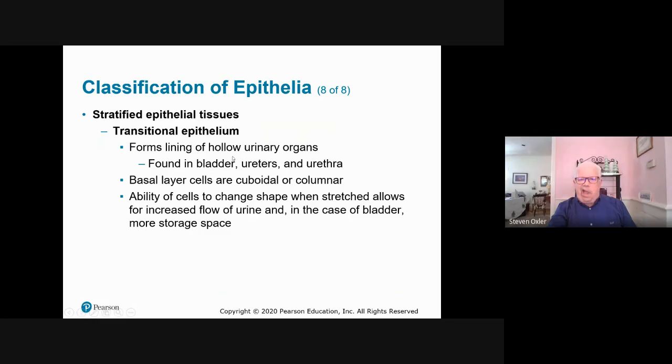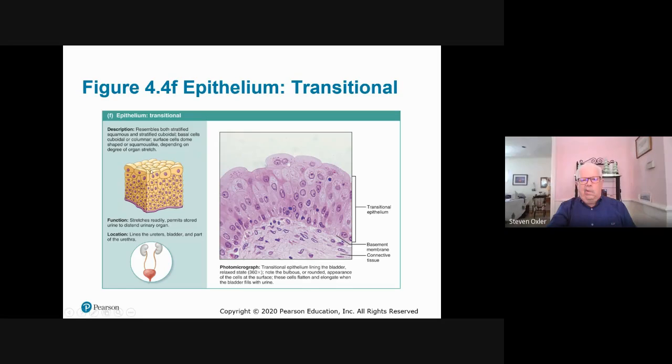The ureters change shape. They also hold urine. And so does your urethra. All of these, because they change shape, is known as transitional epithelium. The ability to change shape. Here it is. Transitional epithelial cells. All right, here they are.